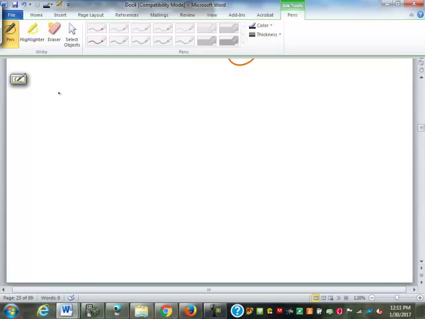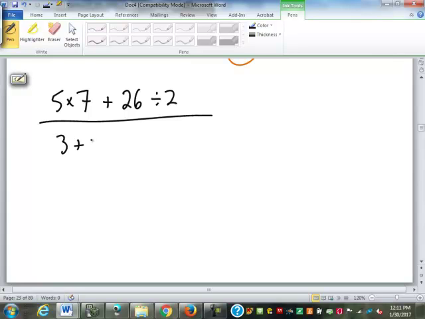We might have something like this. 5 times 7 plus 26 divided by 2 over 3 plus 2, let's see here, times 7 minus 2 squared. We'll do like that.